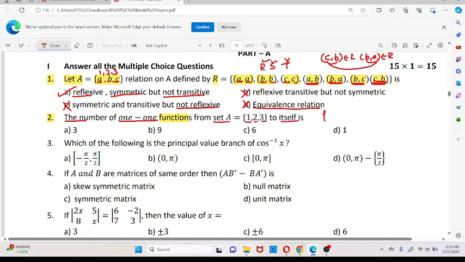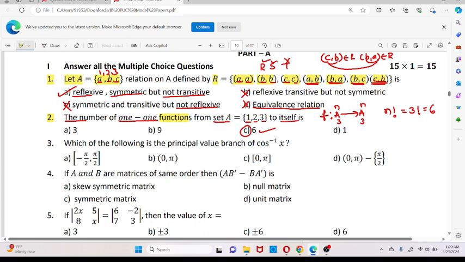The function is defined from set A to A itself, having 3 elements each. If we consider set A containing n elements, the number of one-one functions from A to A is simply given by n factorial. Since the number of elements is 3, that is 3 factorial, the value is 6. So my answer is option C, that is 6.